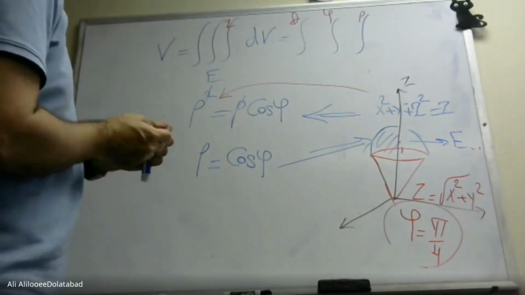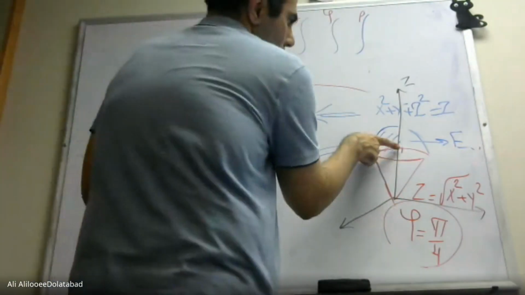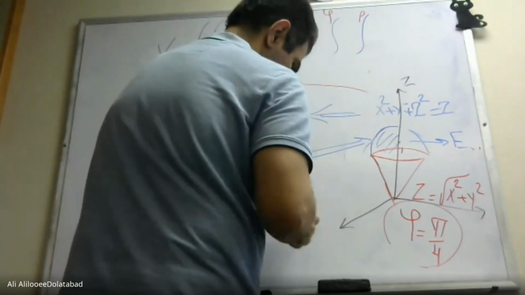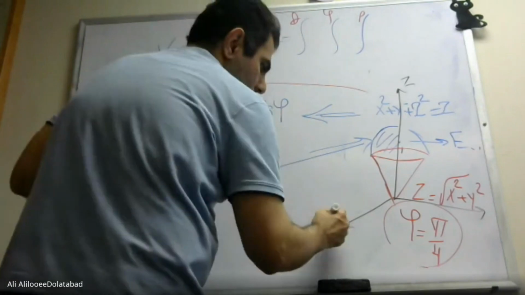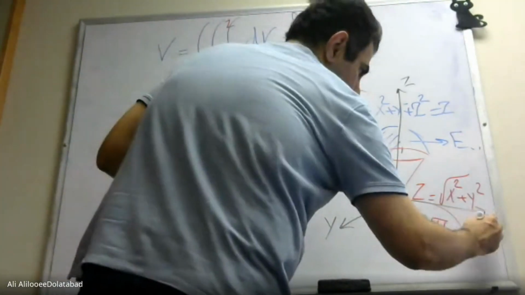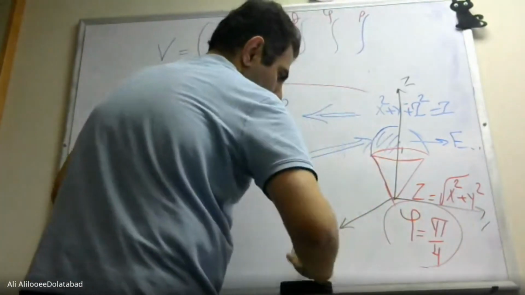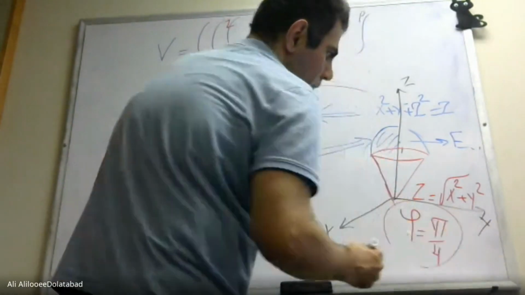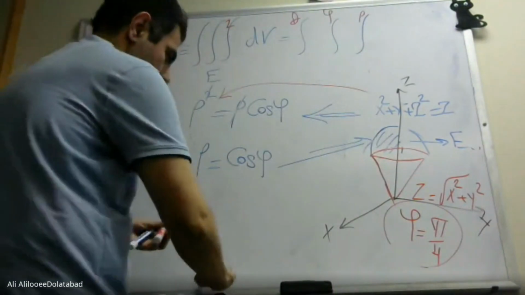For a sphere, this is the x-axis, this is the y-axis, this is the z-axis. Yes, it's good.